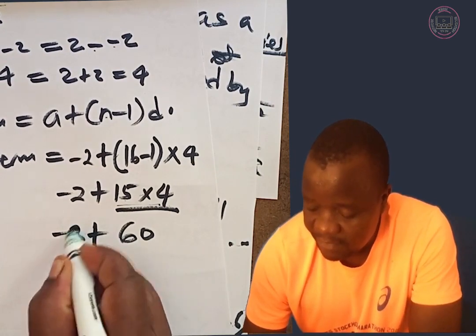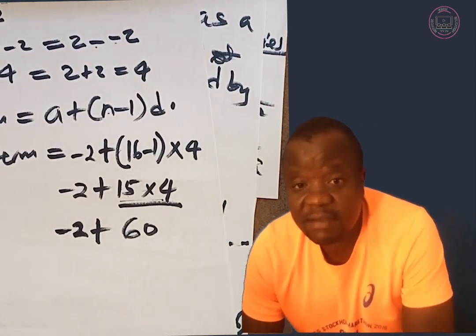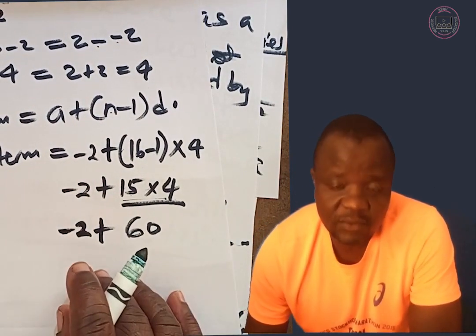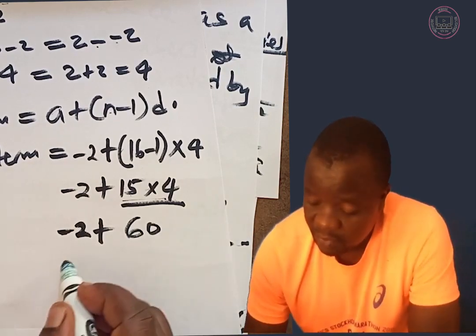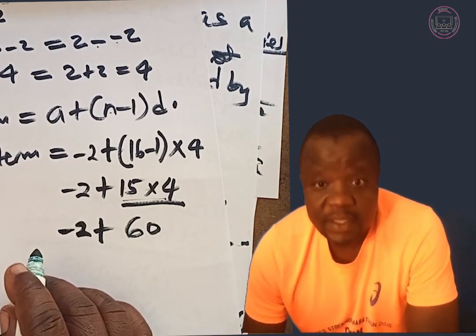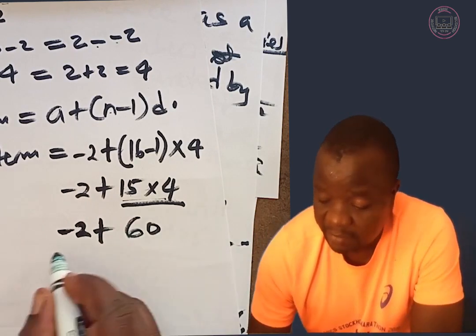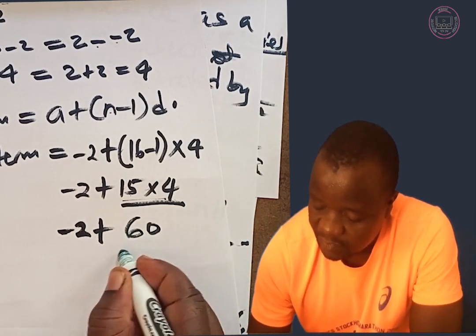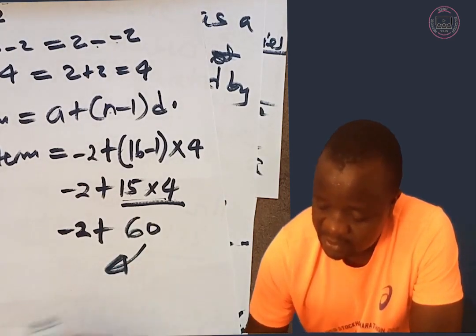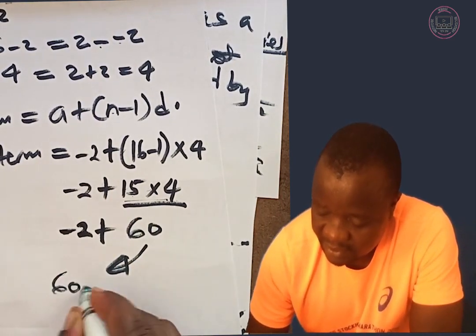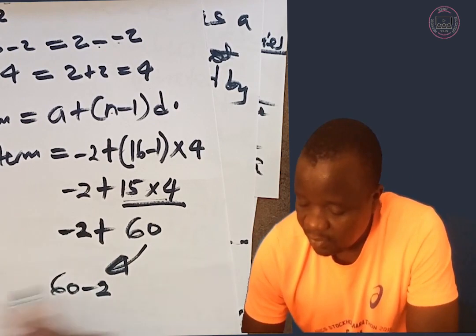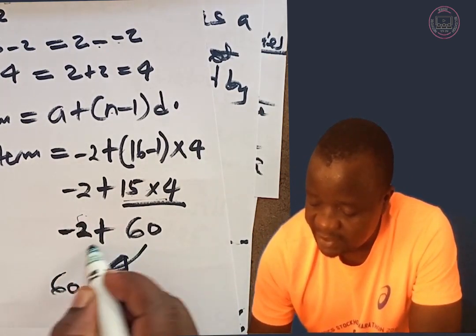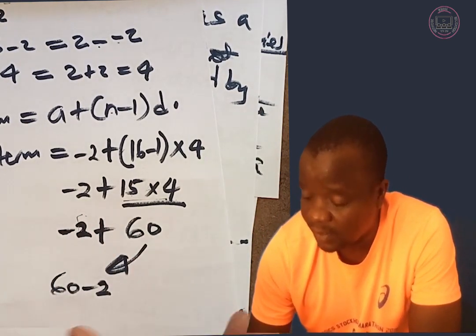Now, since we have a minus here, remember directed numbers. This is a topic in Form 4, but you cannot rule out the issue of directed numbers, where we have -2 plus 60. This is the same as 60 minus 2. Note some people may add first and say -62. No, that is wrong.